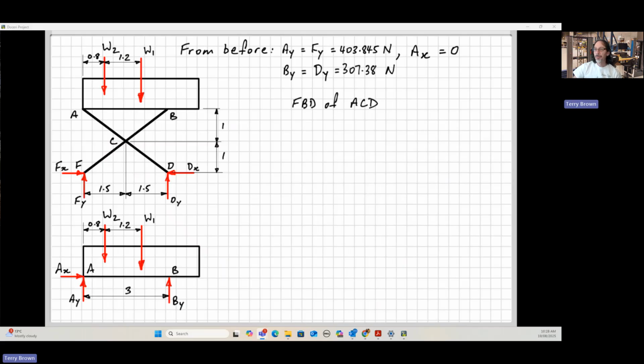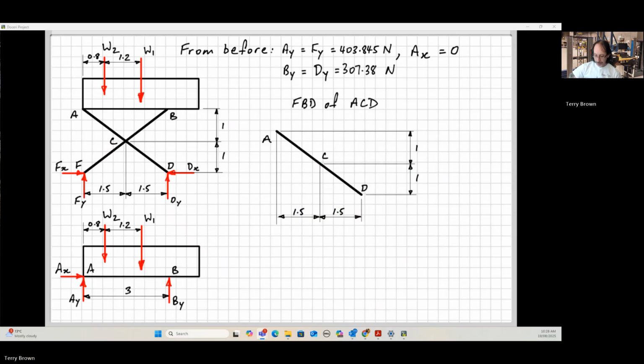So now if we draw a free body diagram of ACD, which is one of the cross members, again, we've got the dimensions on our free body diagram, and then start to put on our loads. So AY here, the load on this member must be equal and opposite to what we had on the free body diagram in the bottom left-hand corner of the page here.